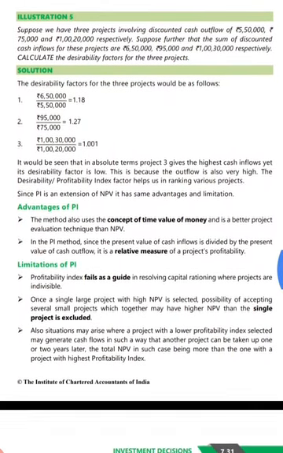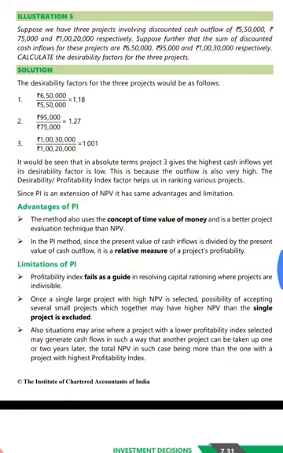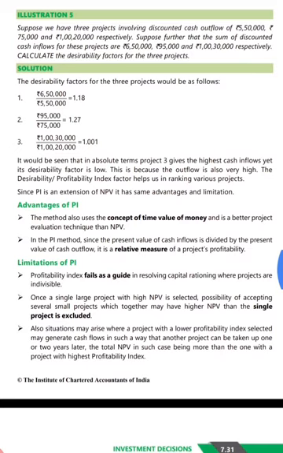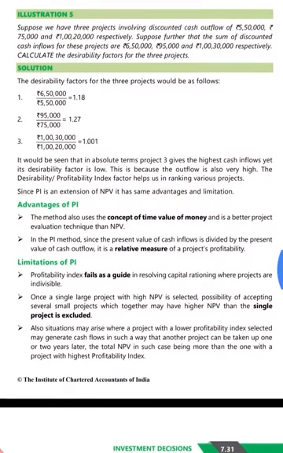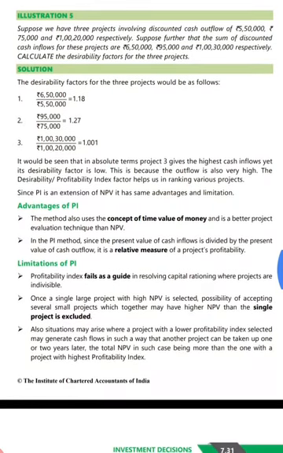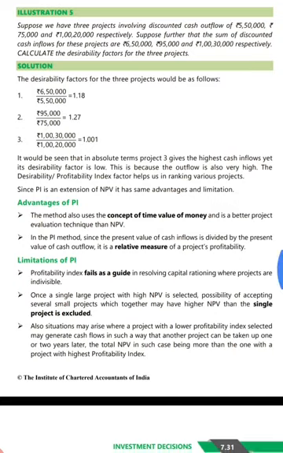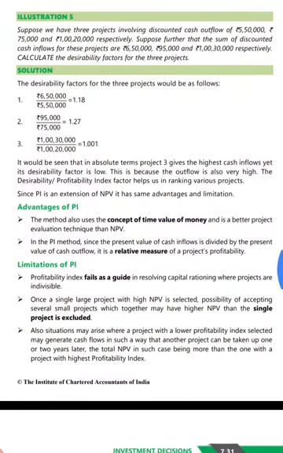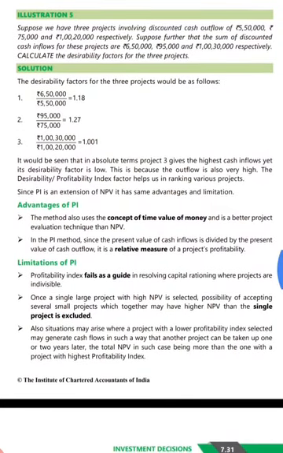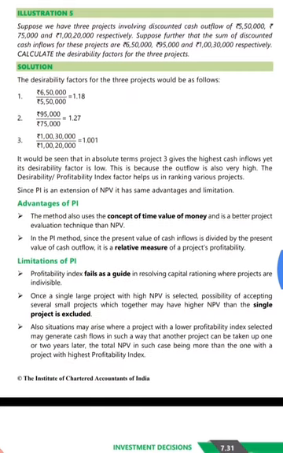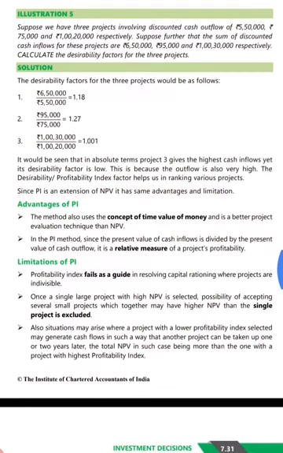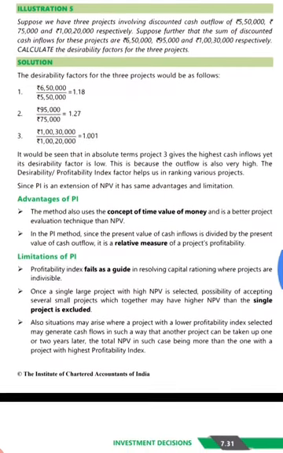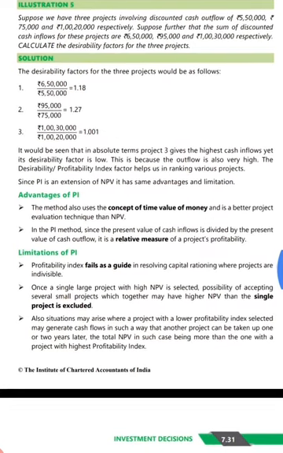Usually your initial investment is always in the discounted form only, so that is readily available. But for the cash inflows, we should see whether they are discounted or non-discounted. In the previous cases, we discounted and found the NPV.